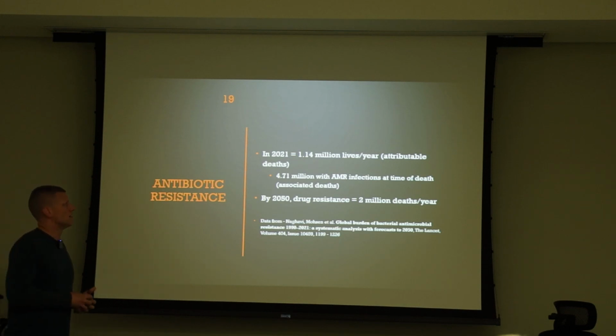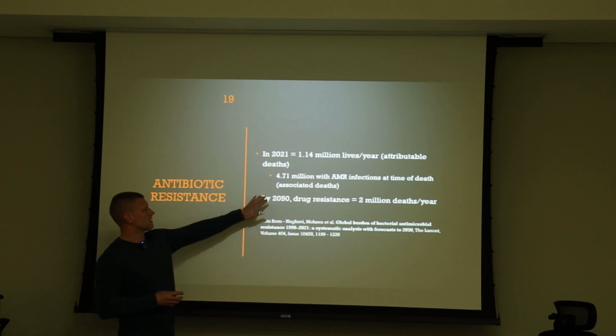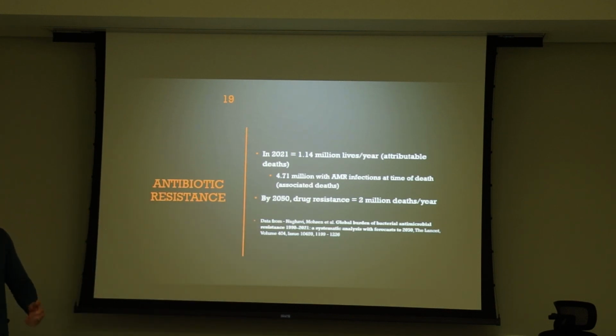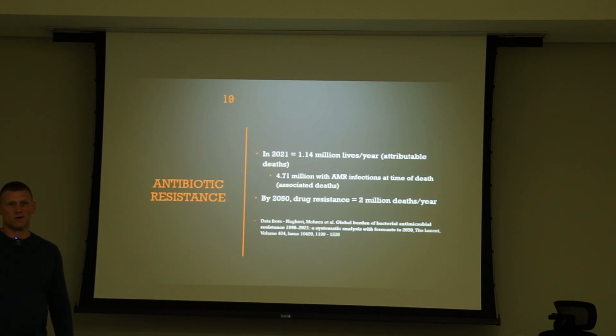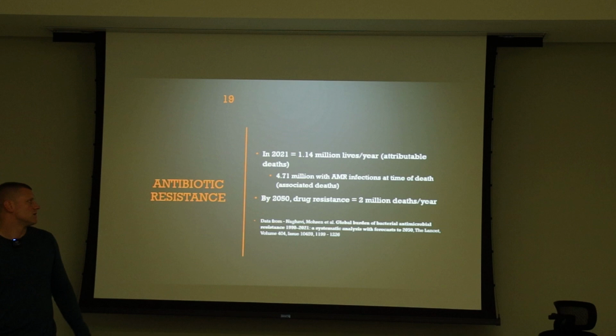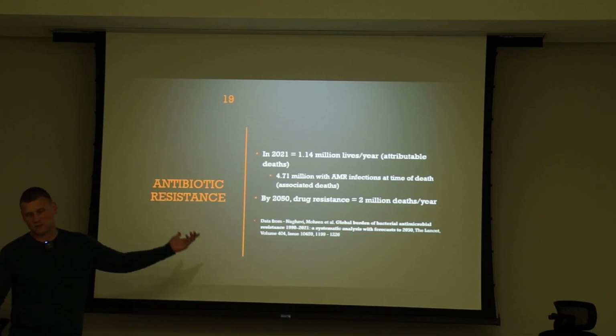And there are also associated deaths, so people that have concurrent cancer, but then they get an infection which kind of speeds things up, or kidney disease and they get an infection, speeds things up. You can only write one cause of death on a death certificate. So when they went back and looked, a lot of these were sped up because of antimicrobial resistant infections.